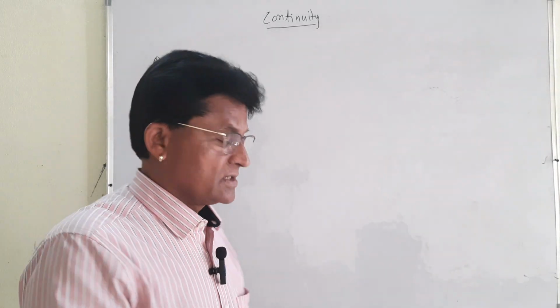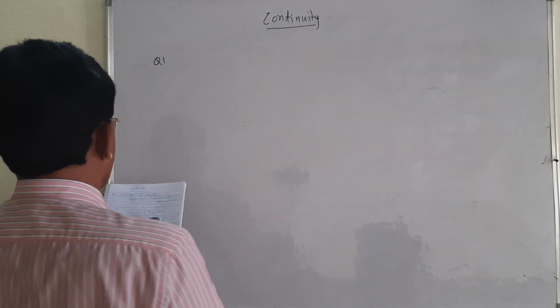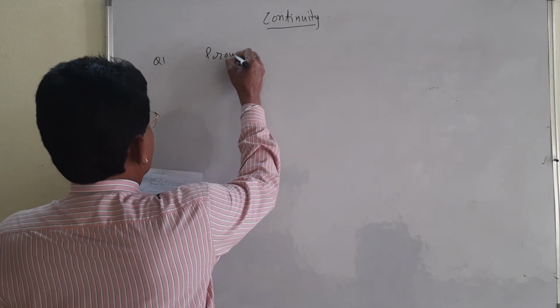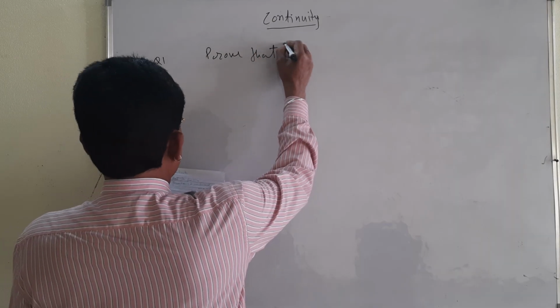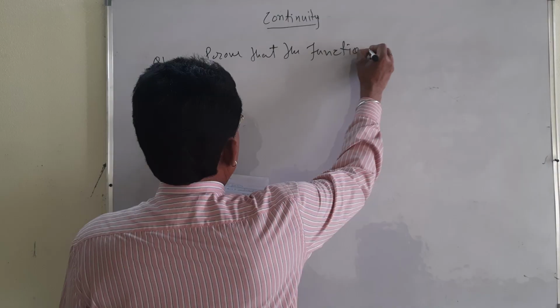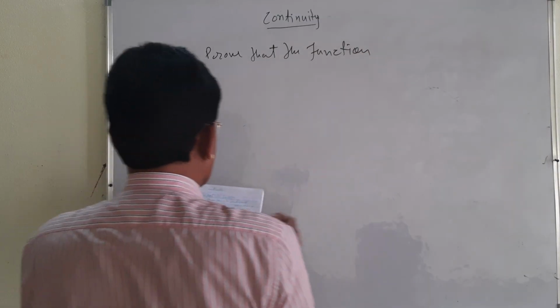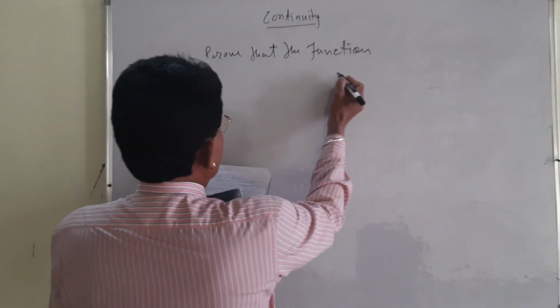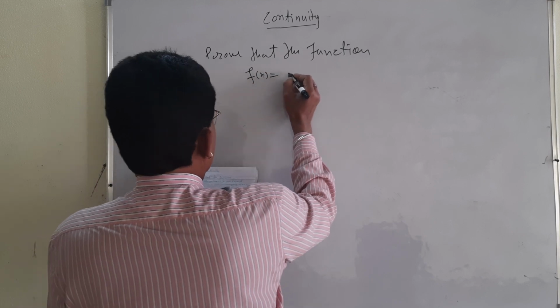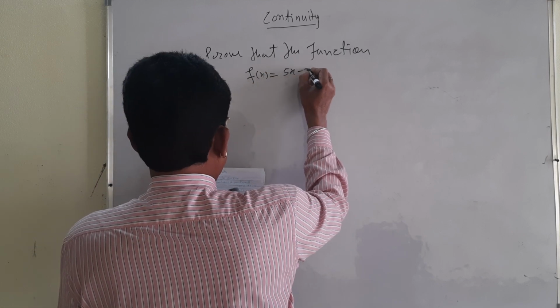Let me take questions from Chapter 5, Continuity. Prove that the function, a simple question I am going to take, will be very important for beginners, meaning those who are going to start this chapter.